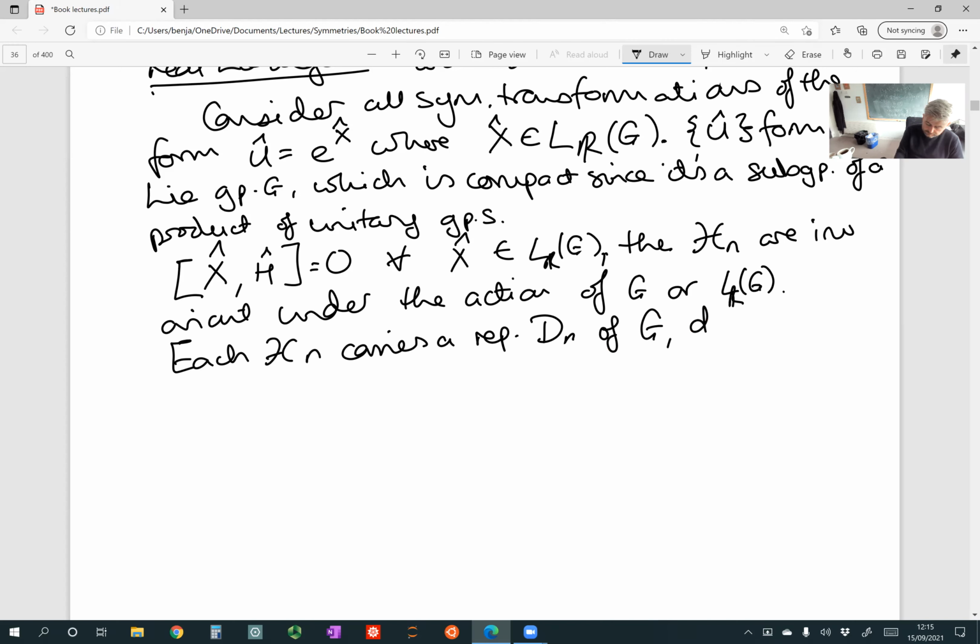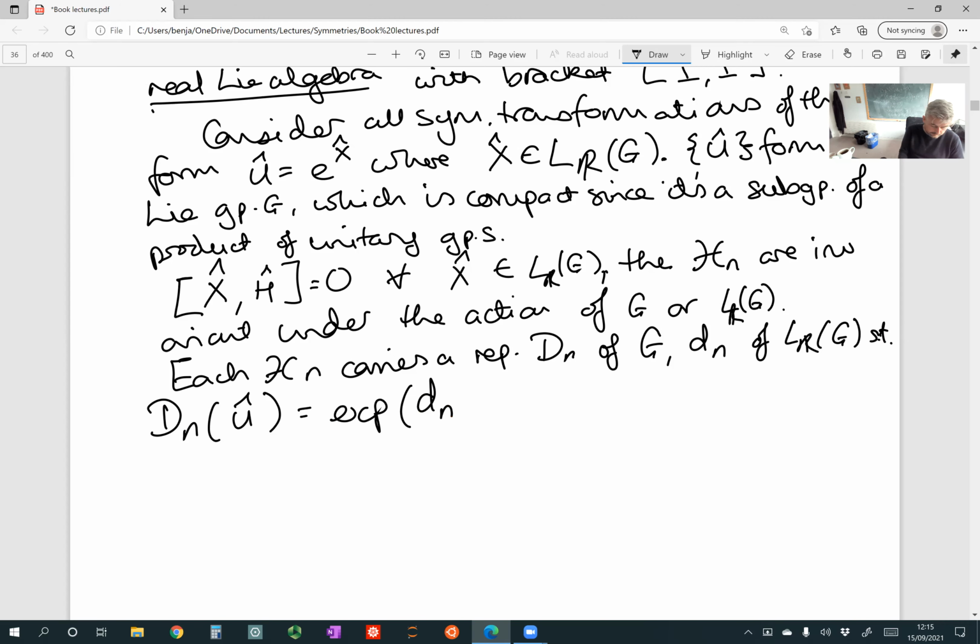Corresponding to little d of the real Lie algebra, such that d_n of u hat is the exponential of d_n of x hat, which is in the matrix.